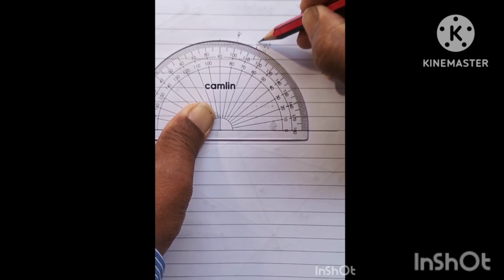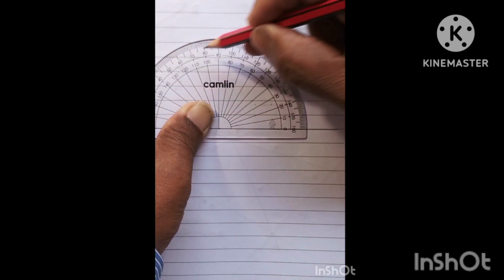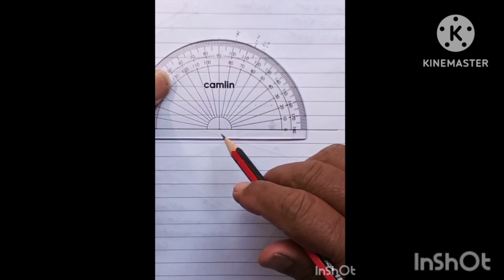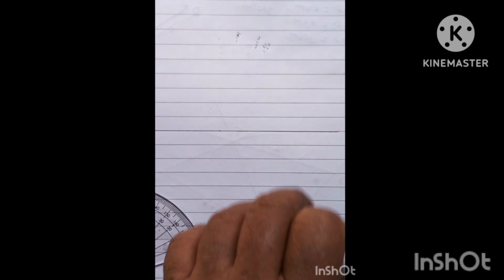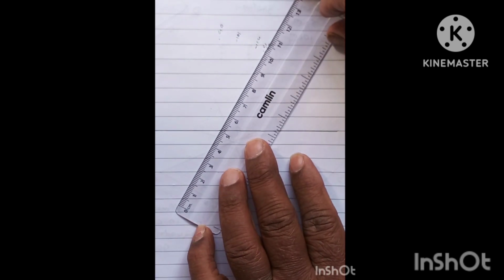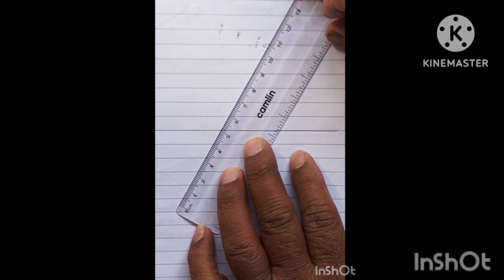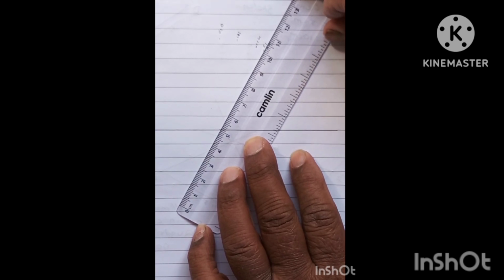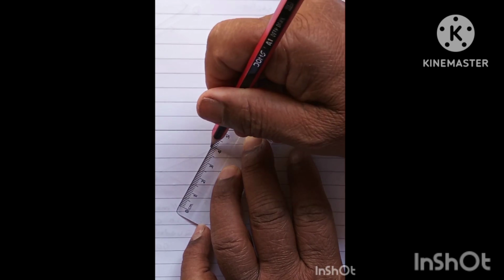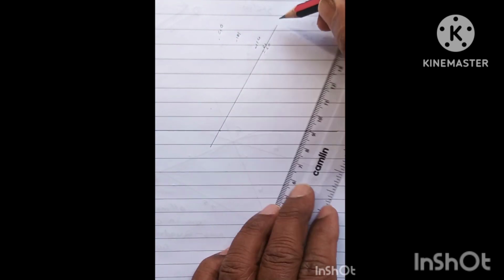You can even check by expanding the screen and study how to take it. I have written 90 there. Now joining these two points, they should be joined correctly. I have seen that this point lies on the line.